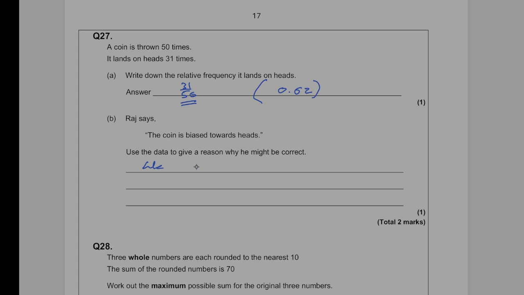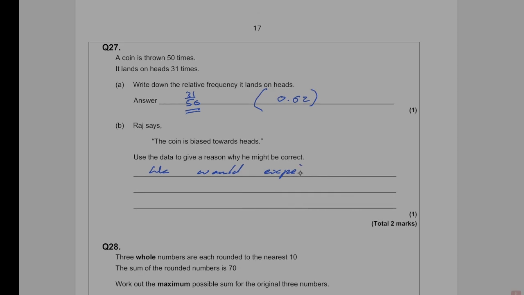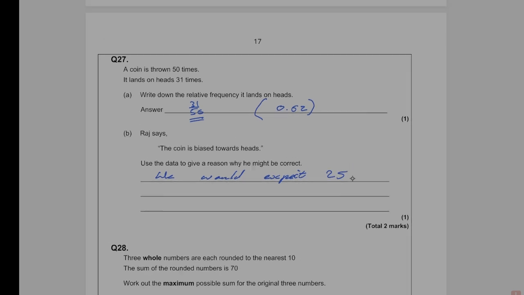So we would expect 25 heads. 31 is greater. Anything along those lines.